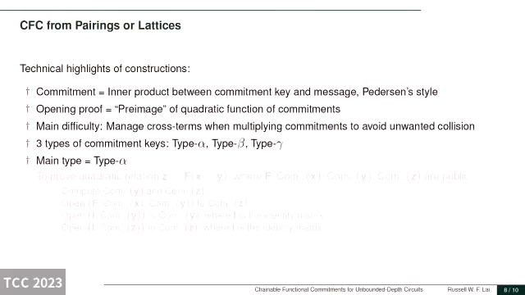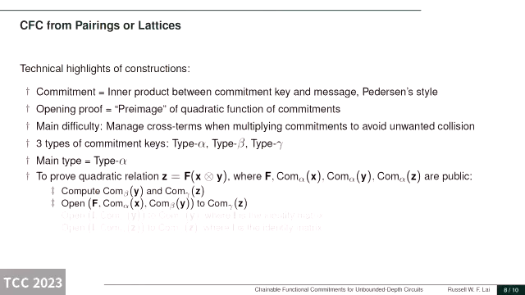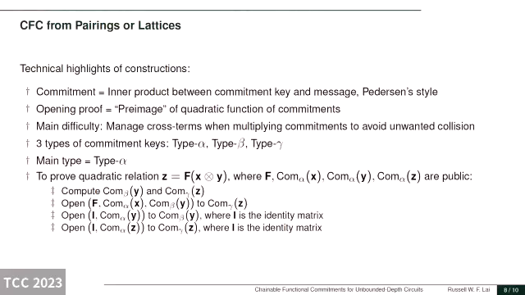And we solve this by introducing three types of commitment keys. We call them type alpha, beta, and gamma. And we can think of the type alpha as the main type. So to prove a quadratic relation, for example, Z equals F times X tensor Y, where the matrix F and the type alpha commitments of X, Y, and Z are available to the verifier, the prover would first give a type beta commitment of Y and a type gamma commitment of Z. Then they open F and type alpha commitment of X, type beta commitment of Y to the type gamma commitment of Z. And then to complete the circle, the prover would prove that the two commitments of Y and the two commitments of Z are consistent.